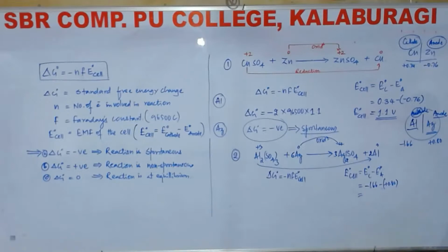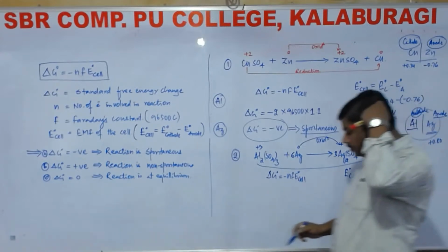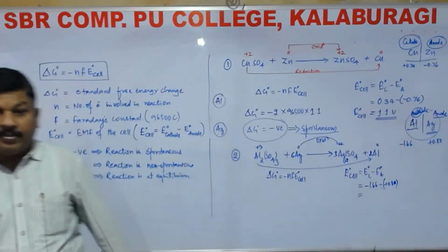What is the value of this one? Negative or positive? Negative. What's the total value? Minus 1.66 minus of plus 0.80.